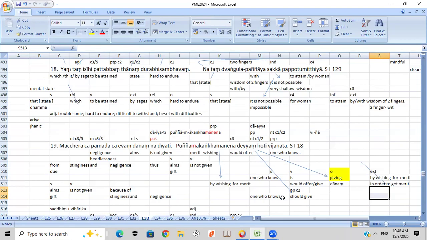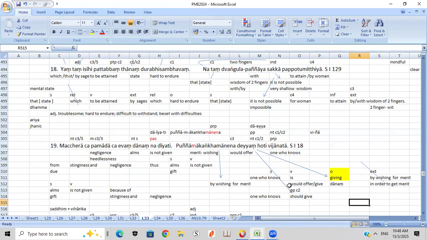Right? So Brother Alfred, the "hoti," no need to translate. Is there "hoti"? I think if you take "hoti," you have to say one who knows is giving. This is one possibility: is giving. So this part becomes giving, by wishing for marriage.